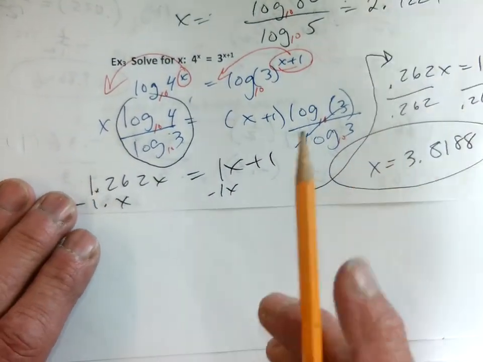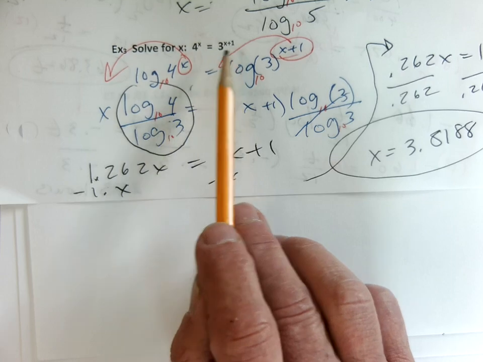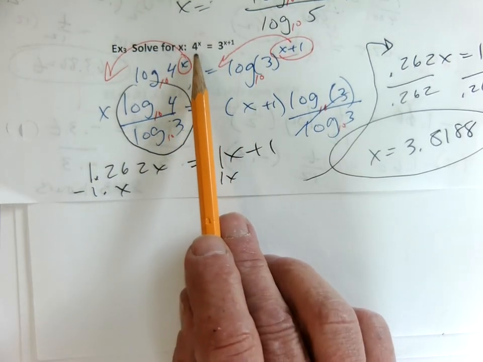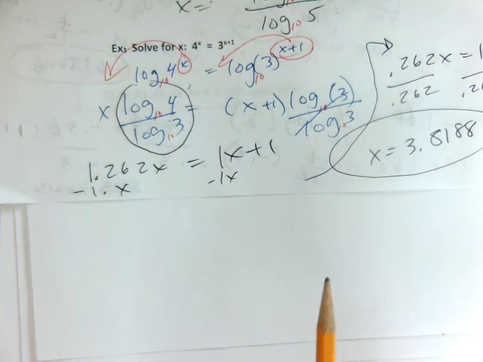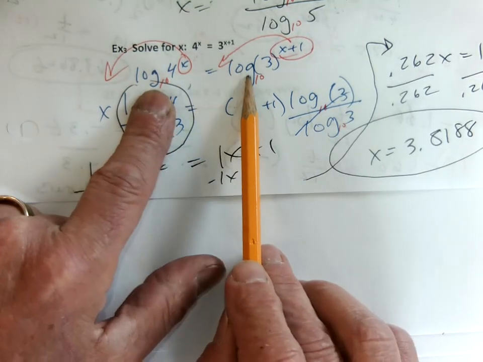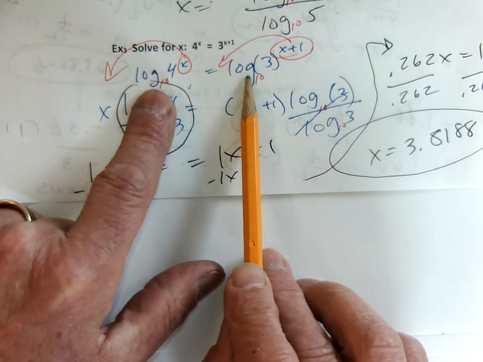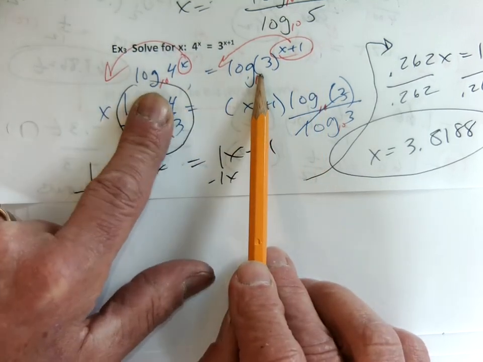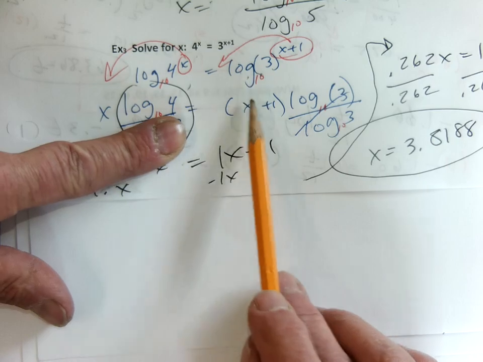Now example 3 is a little bit harder. Because of the different bases, you can't use log base. You have to change them to the same base, which is base 10. So I took the log of both sides, which is log base 10, and the exponent floats down. After I floated down the exponent, I have to solve for x.